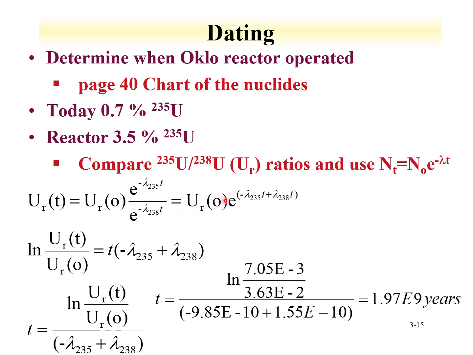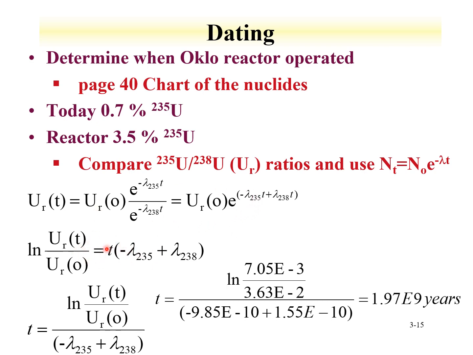We just rearrange and solve for time. We have the ratio at time t, the initial ratio, and we know the decay constants. We rearrange this equation, and we get a value on the order of 2 billion years, which is actually pretty accurate.